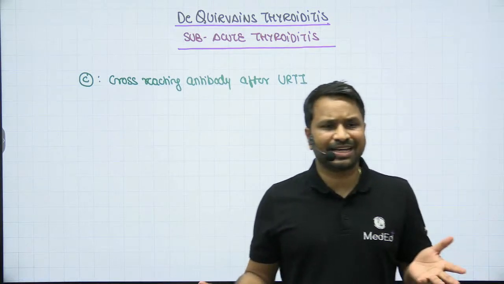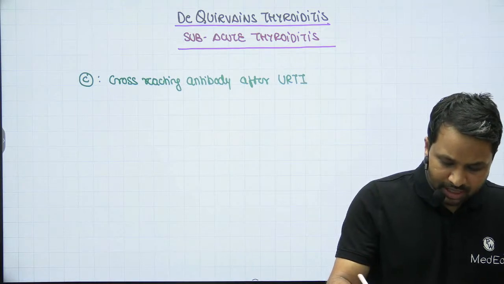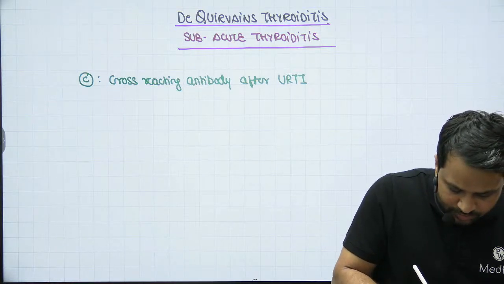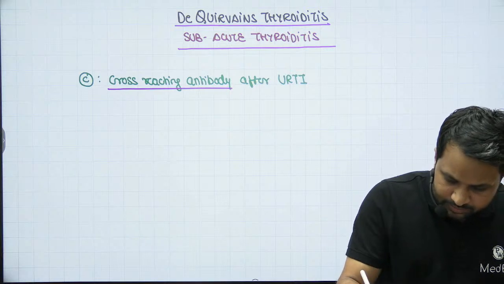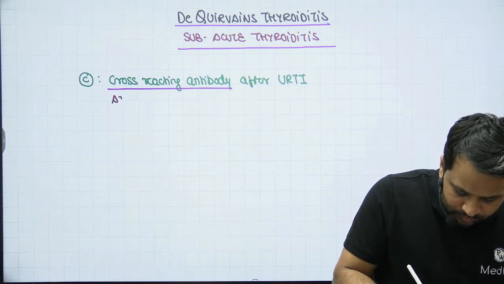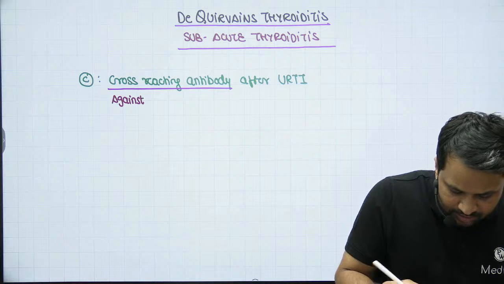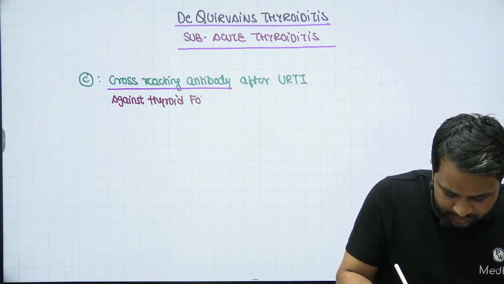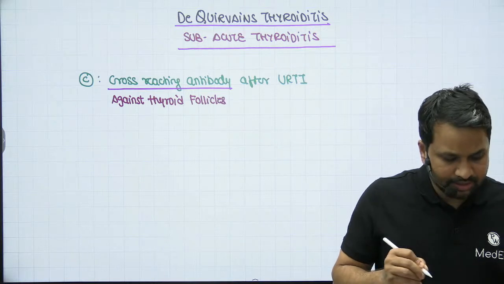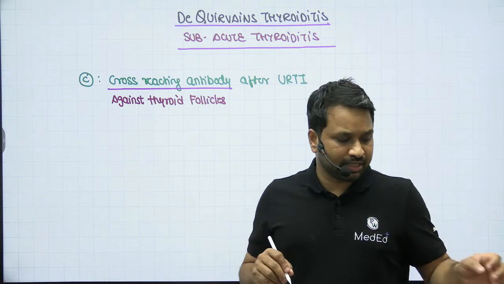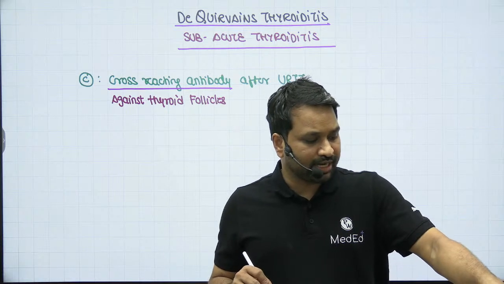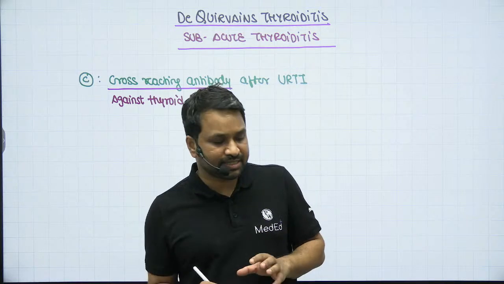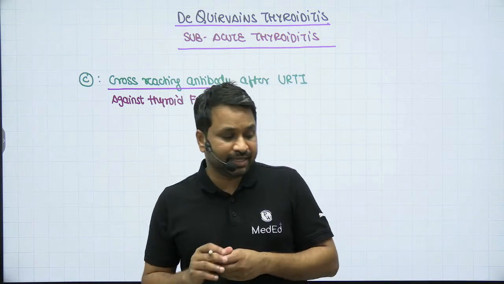After an upper respiratory tract infection, cross-reacting antibodies develop, and these cross-reacting antibodies are synthesized against the thyroid follicles, right?